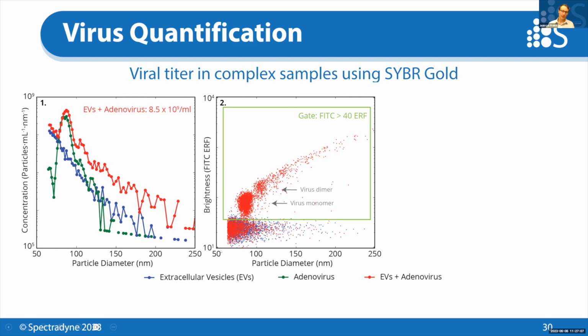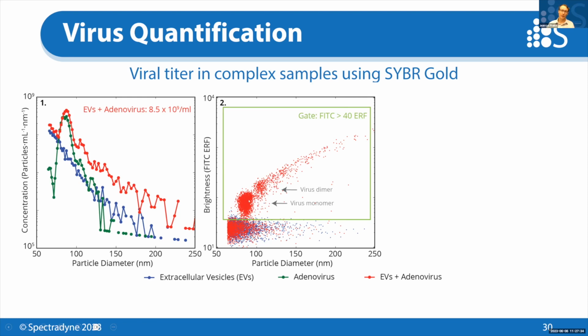So this is brightness on the y-axis and real particle diameter on the x-axis, down to 65 nanometers or so. We see this really interesting clustering of events here. Adenovirus is about 85, 90 nanometers. That's where this peak shows up, and that's where this fluorescent population shows up, okay? And then there are other populations here, other clusters.